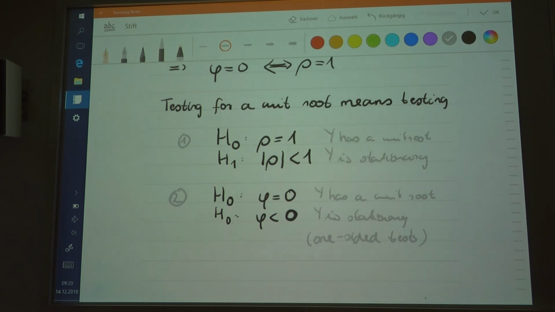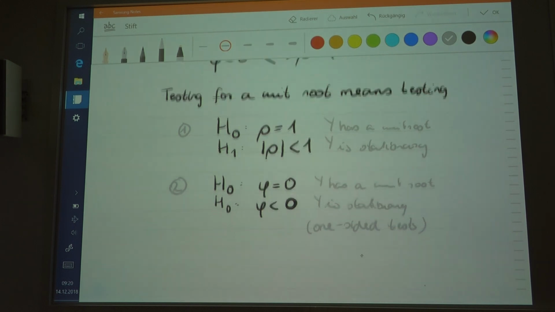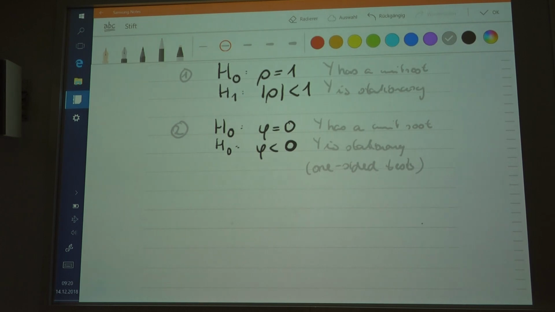Now, that's how it's going to work. What you will calculate is the test statistic, the t statistic. I already told you how to calculate the t-statistic from this regression.